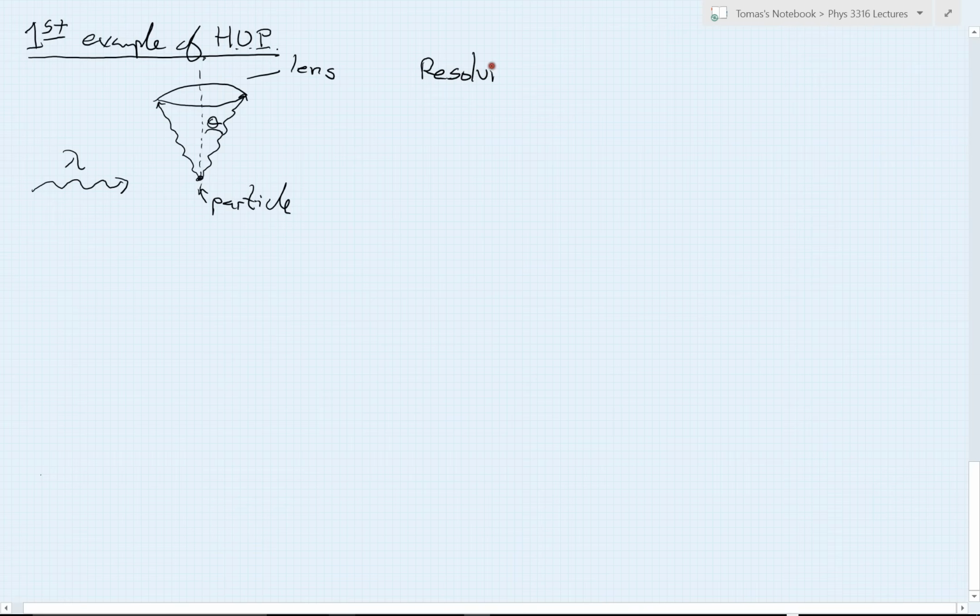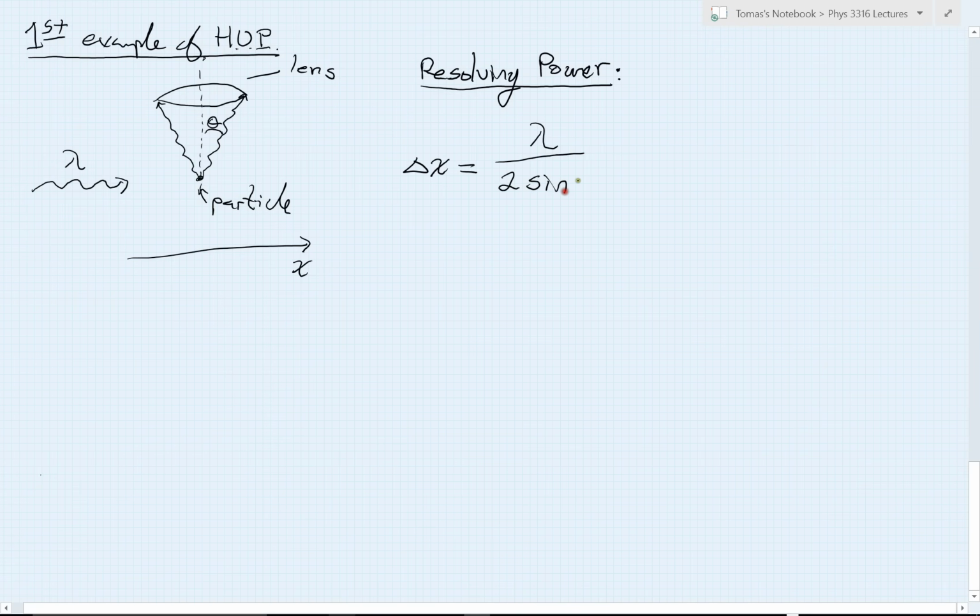And there's a classic formula for the resolving power of a lens that tells you how precisely you can be confident of the location of the particle. The standard formula from wave optics is that the uncertainty in your position x, of course this is my x-axis, is equal to the wavelength of the light that you are using divided by twice the sine of this particular angle theta.